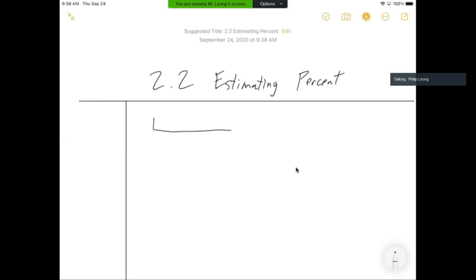Draw a bar that's going to have 10 sections, okay? All right, 10 sections, and if there's 10 sections, then each section is 10%. Here, let me do it in a different color.